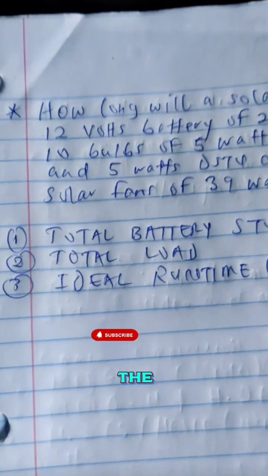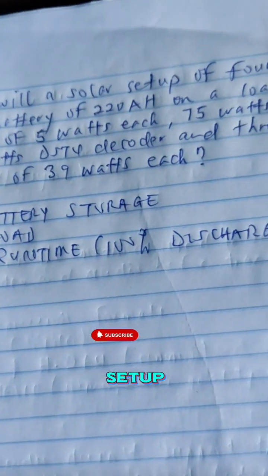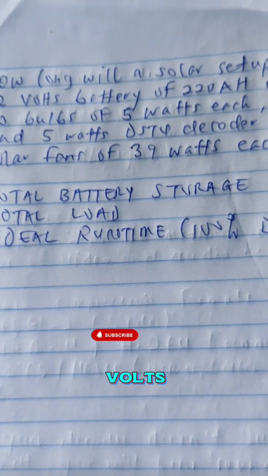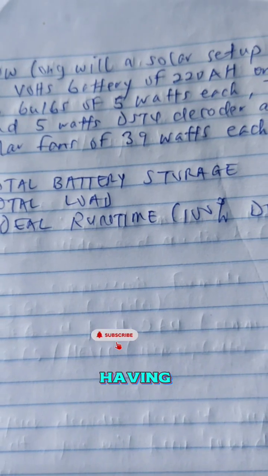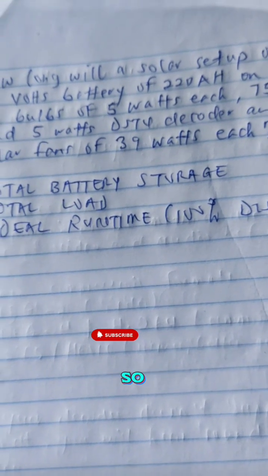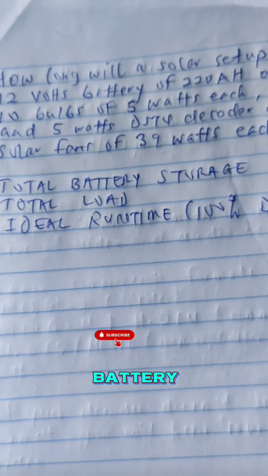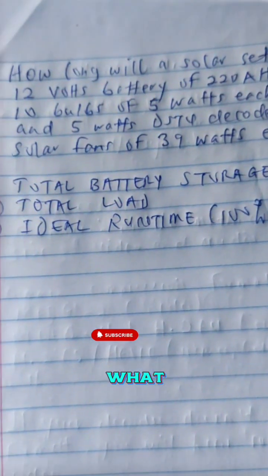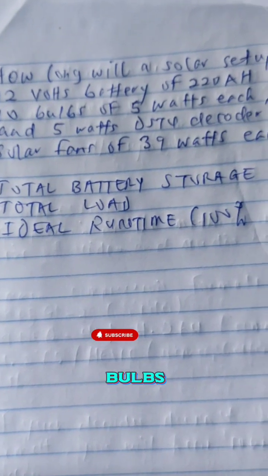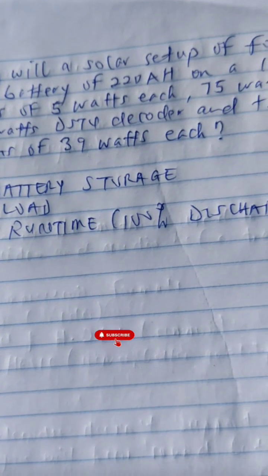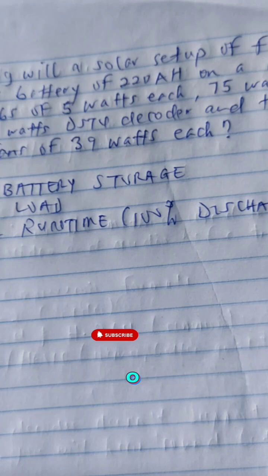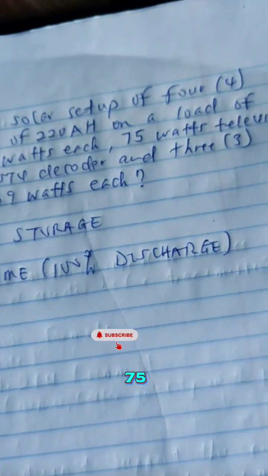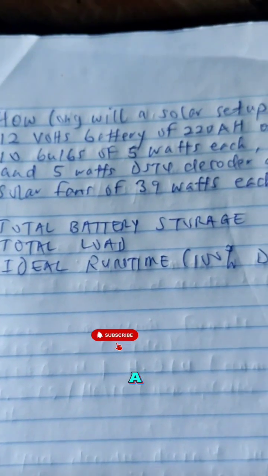So now let's read the question together. How long will a solar setup of 4 batteries of 12 volts having 220 ampere each last on a load of 10 bulbs, 5 watts each, then a 75 watt television, a 5 watt DSTV decoder, and 3 solar fans?